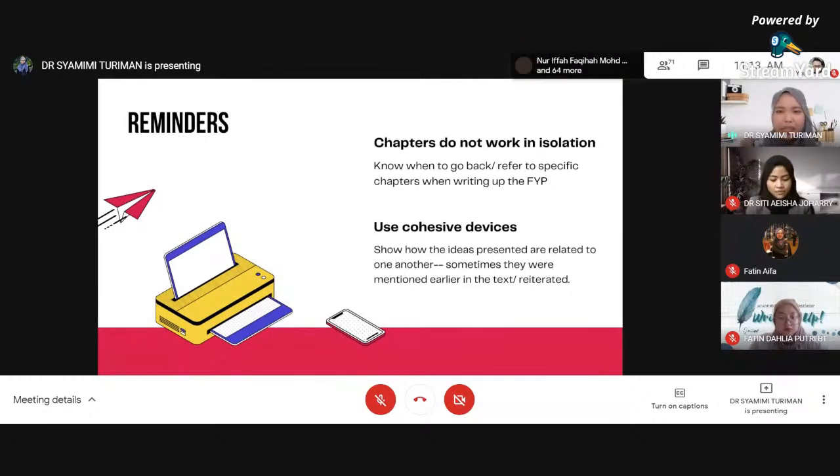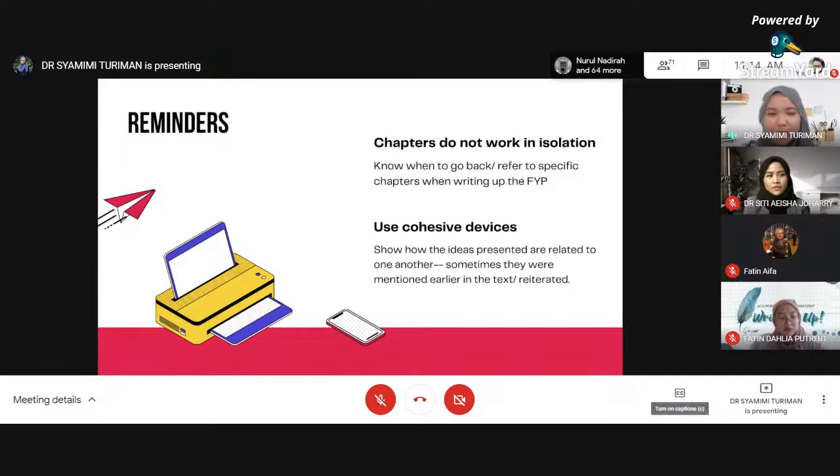At the same time, when you review other people's studies, you look at how they conducted the study. That will also influence your decision on how you collect your data and how you analyze it. So as you work on chapter 2, you also have chapter 3 in mind, right?